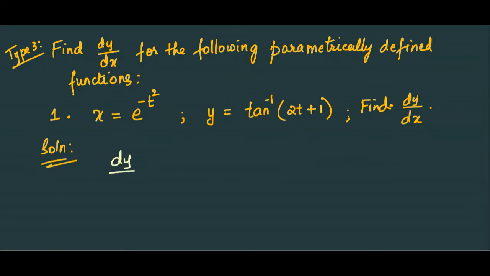So dy upon dx, when we want to find, it will be dy upon dt by dx upon dt.